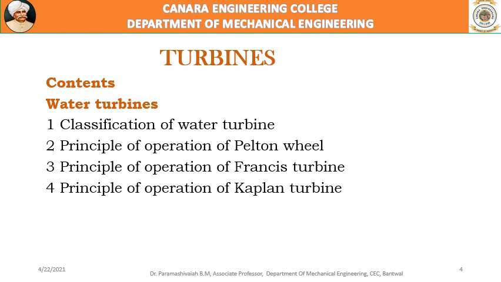In this first unit of module 2, which deals with turbines, we are going to study: number 1, the classification of turbines; number 2, the principle of operation of Pelton wheels; number 3, the principle of operation of Francis turbines; and number 4, the principle of operation of Kaplan turbines.